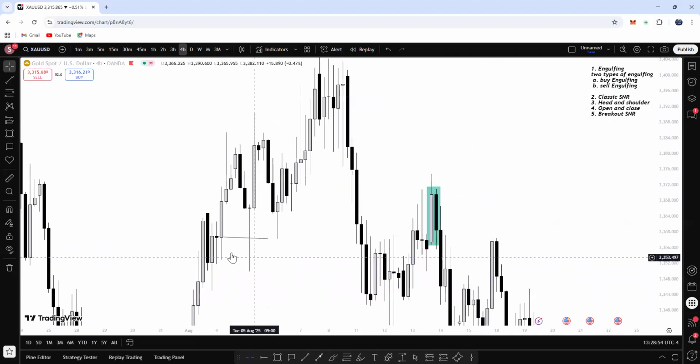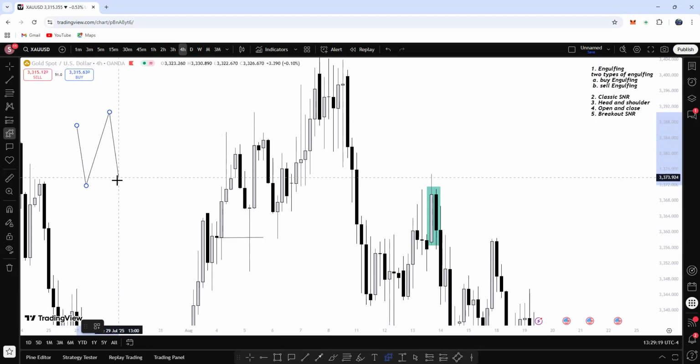This level is also a classic SNR level. Classic SNR. Then we have another one. I told you guys, price will create a support and it enters reverse.